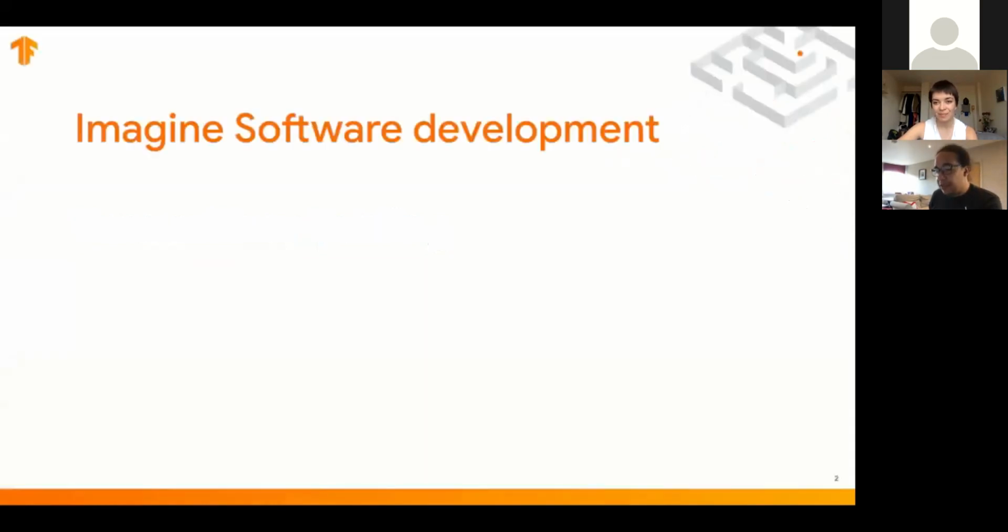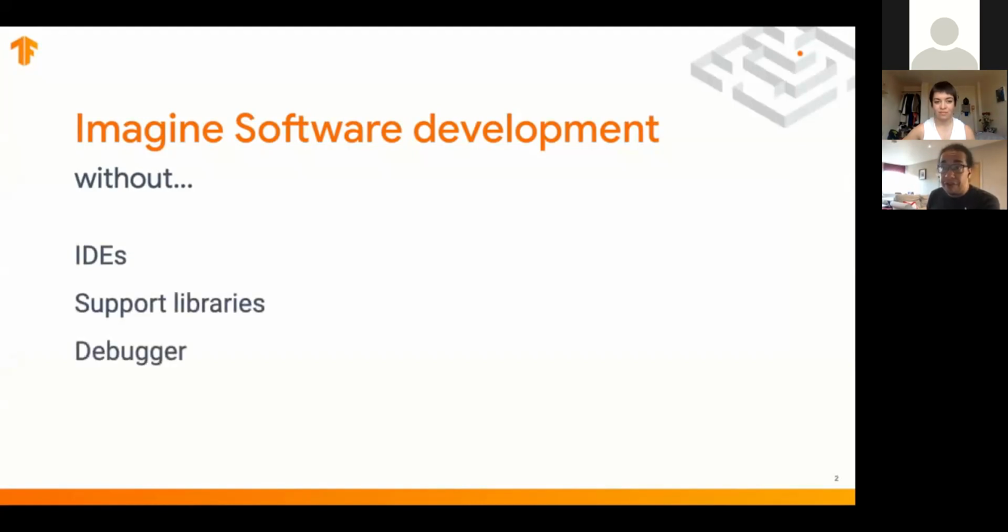Let's start with those of you that are software developers, or were software developers before becoming data scientists or ML engineers. I don't know which stage you are at right now, but in software development, we have some specific needs when we want to solve a problem. Try to imagine your job as a software developer without a proper IDE, without proper support libraries, or even without a debugger.